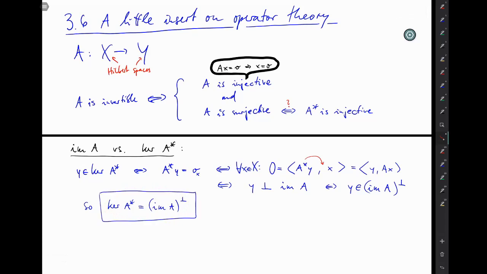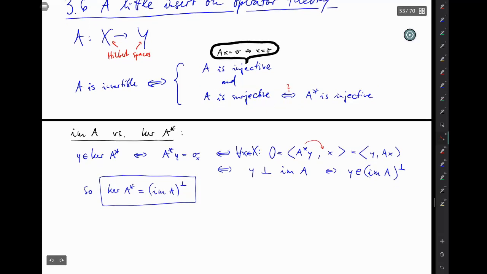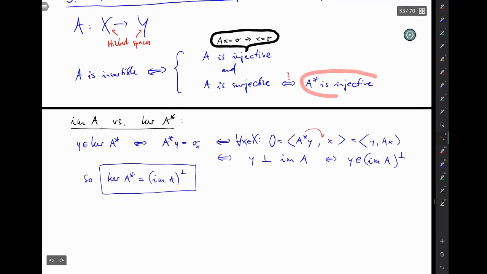Okay, so is that helping to resolve our little mystery here? I guess so, because injectivity of A star means that the kernel of A star is just the null element. But now that is also the orthogonal complement of the image of A.